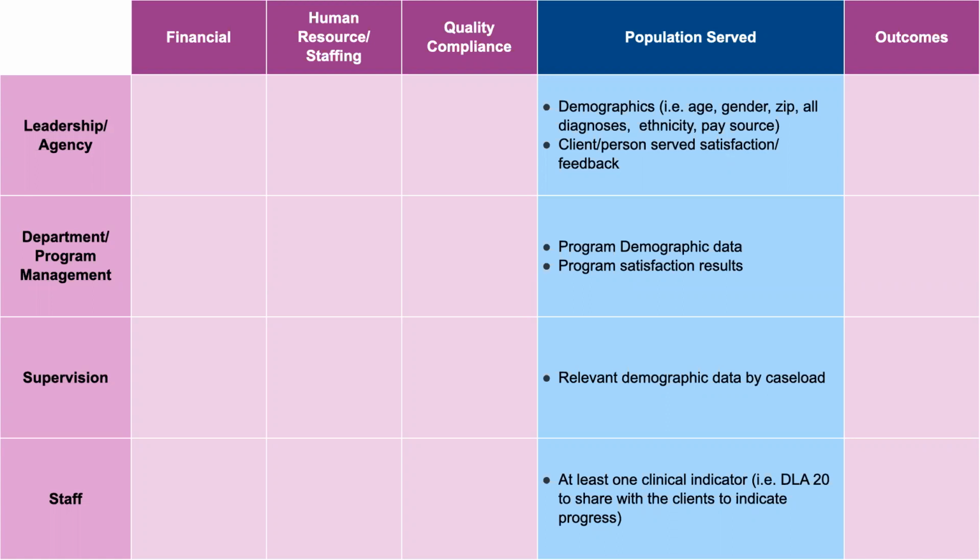And this may seem very obvious, but do we really understand the breakdown of the people we see in terms of their age, their gender, where they live, their diagnosis, their ethnicity, and even their pay source? Are we able to look at that and see trends and patterns within those demographics?